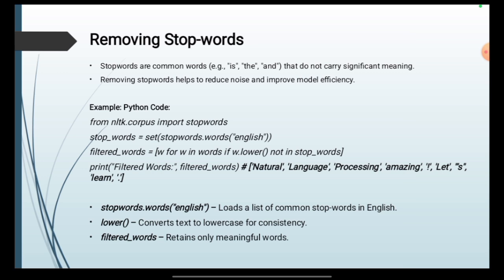The output retains only meaningful words like natural, language, processing, amazing, exclamation, let, s, learn, full stop. So this is everything that can be said as per the details mentioned over here. Now we will move on to the next discussion part.